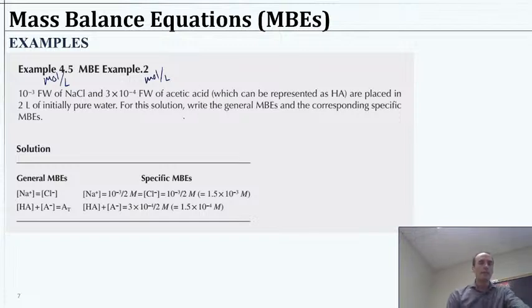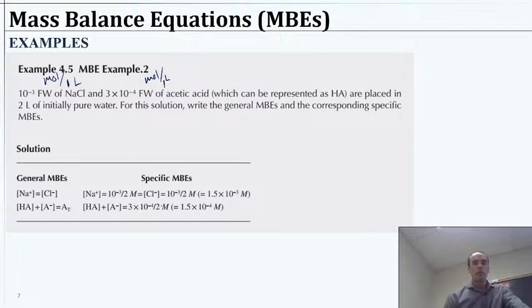Okay, then more specifically, using these formula weights given, we could say the sodium, which is also equal to the chloride, is going to be this 10 to the minus 3 divided by the 2 liters. So the formula weight then, that's going to be divided by 1 liter, and if we do it in 2 liters, we have to account for that.